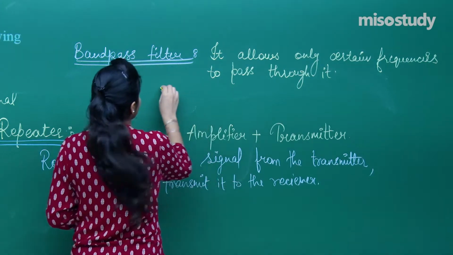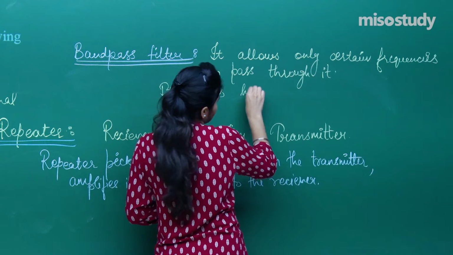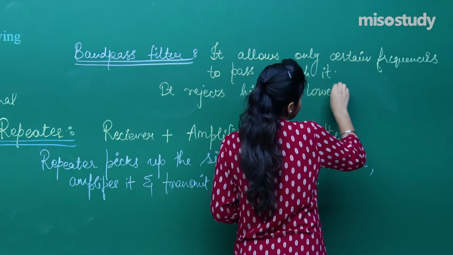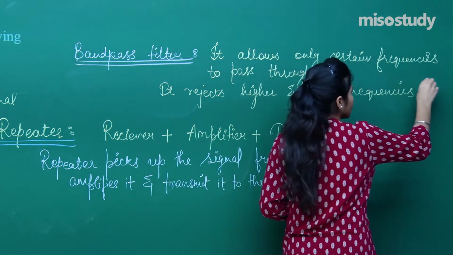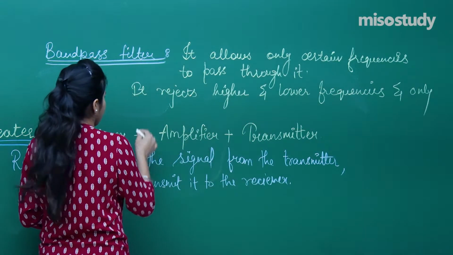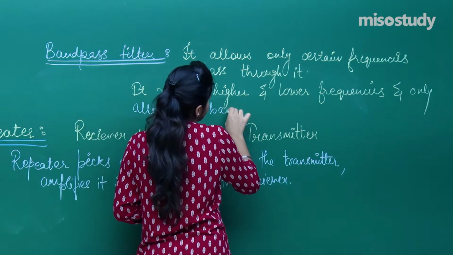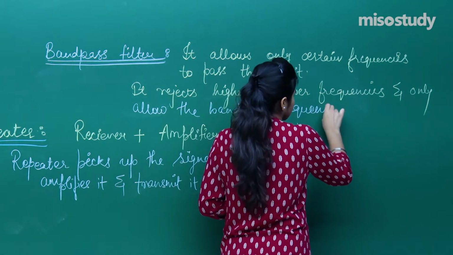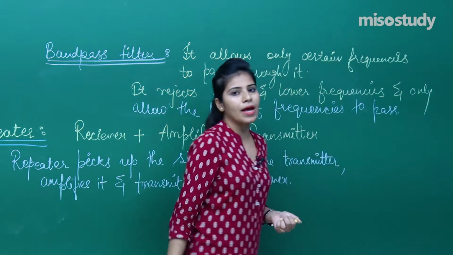Or we can say it rejects the higher and lower frequencies and only allows the band of wavelength or frequencies. So, this is the band pass filter.